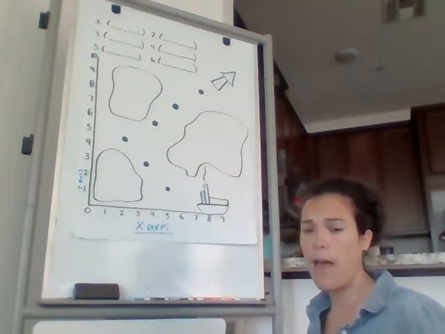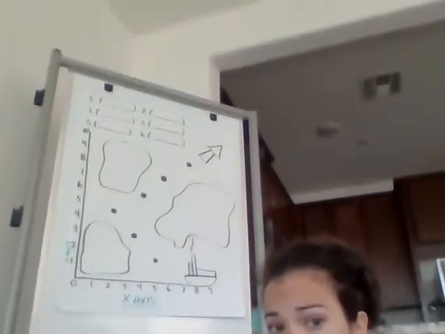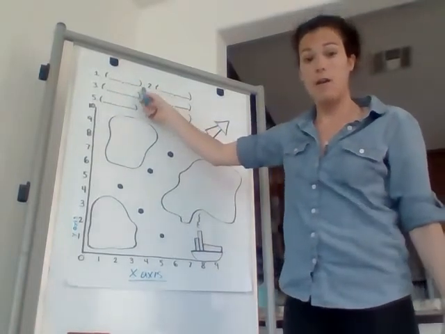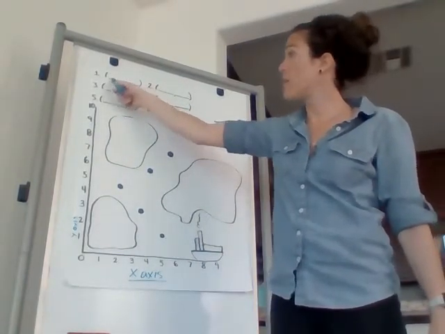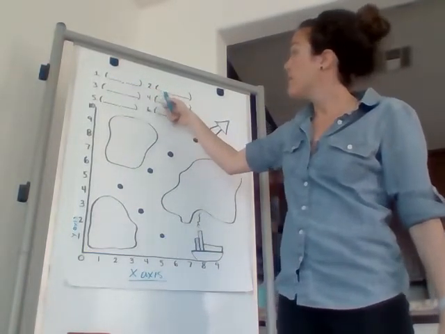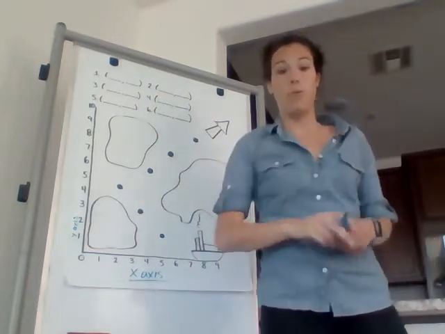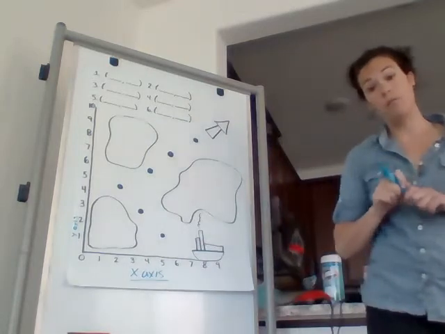So I want you to go ahead and pause me, and you're going to list the coordinates up here. There's 2 spaces, one for your x, one for your y, for all 6 of these points. When you're ready, you can unpause and we'll go through it together.